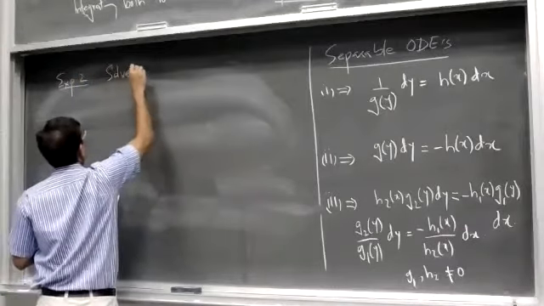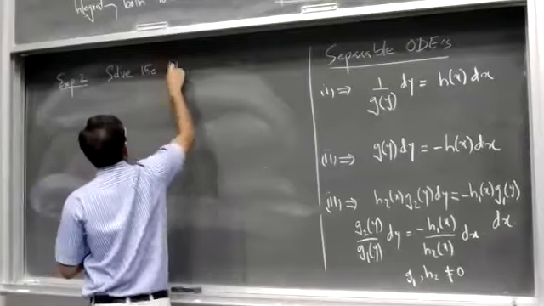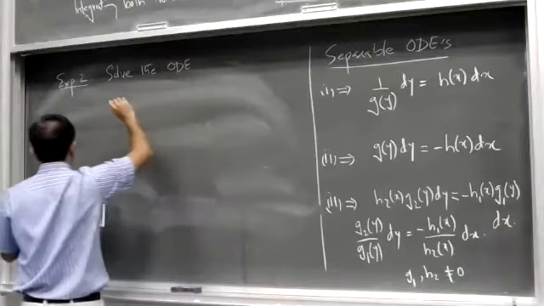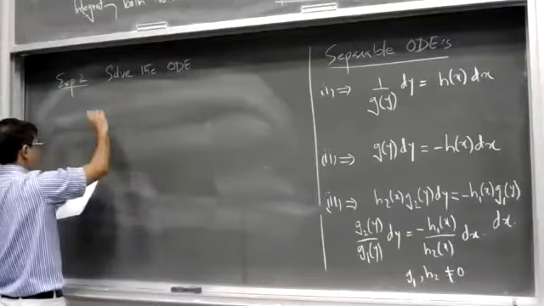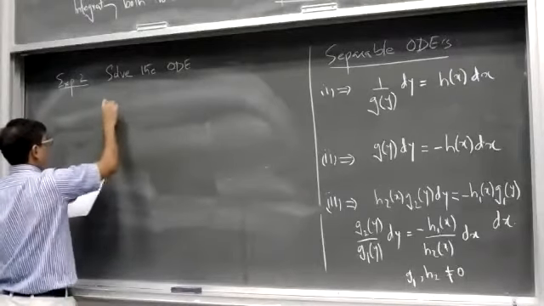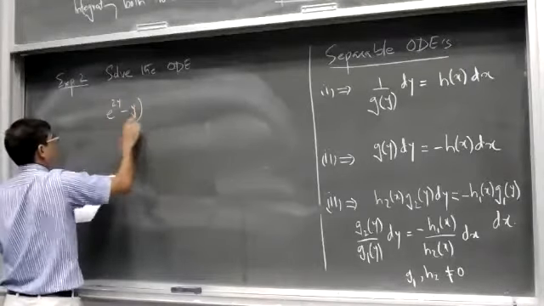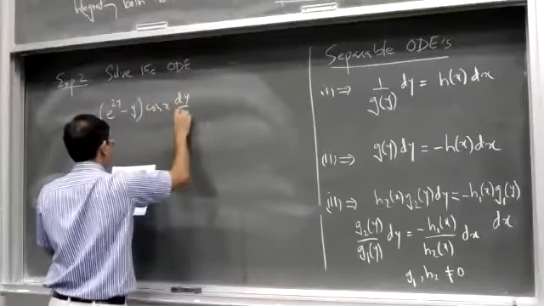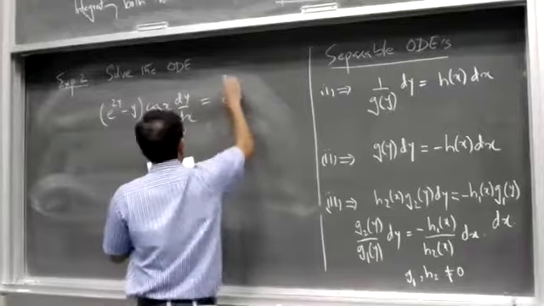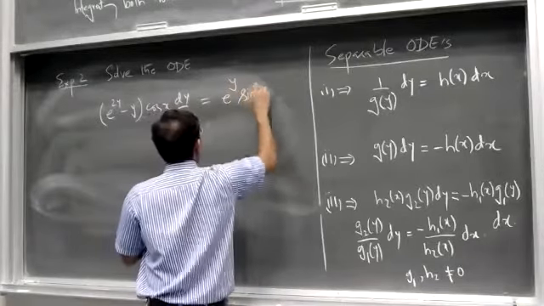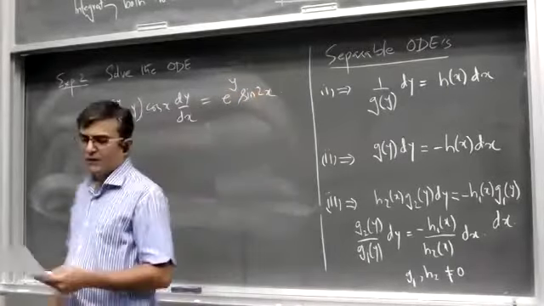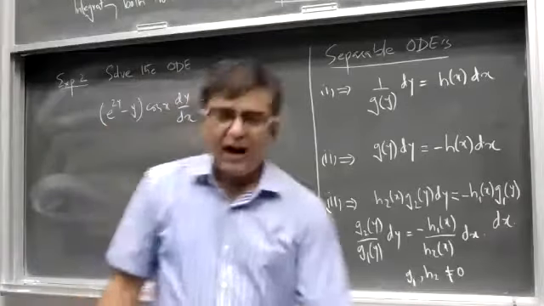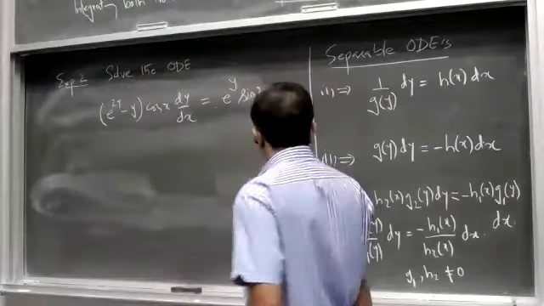We need to solve the following ODE. The ODE is given by e raised power 2y minus y times cosine of x dy by dx is equal to e raised power y sine of 2x. Okay. It's a kind of similar to case 3.